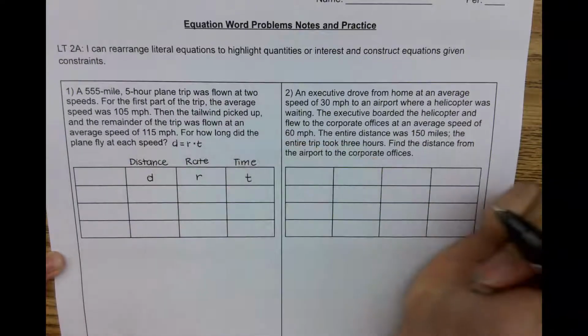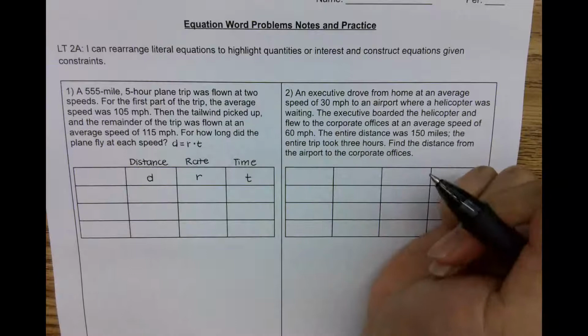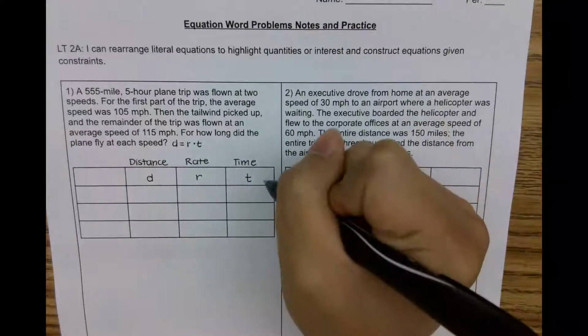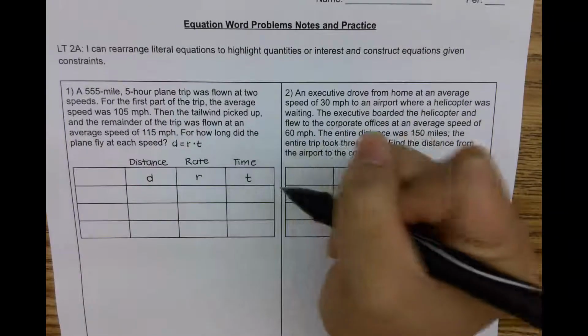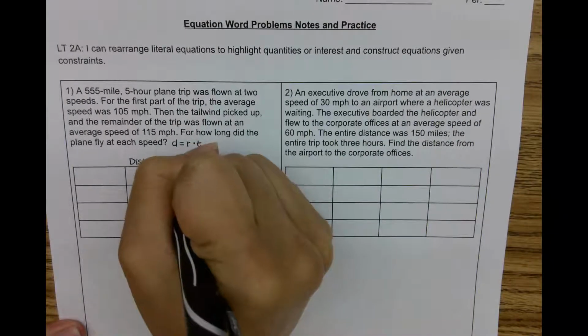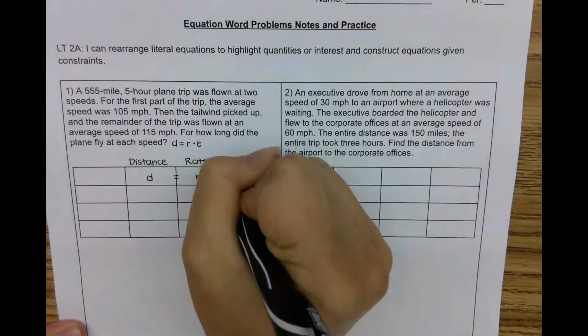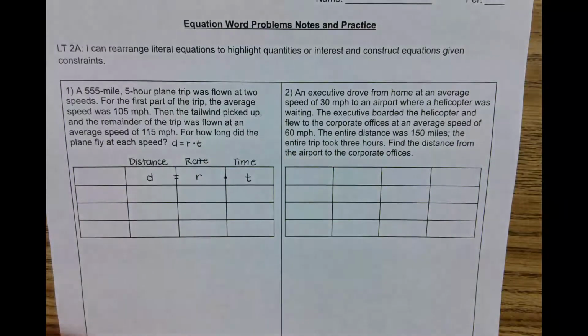In Algebra 1, I write my t's like this, so that way I know the difference between a t, the variable, the letter, versus a plus sign. So using our formula, d, distance, equals r, rate, times t, time.